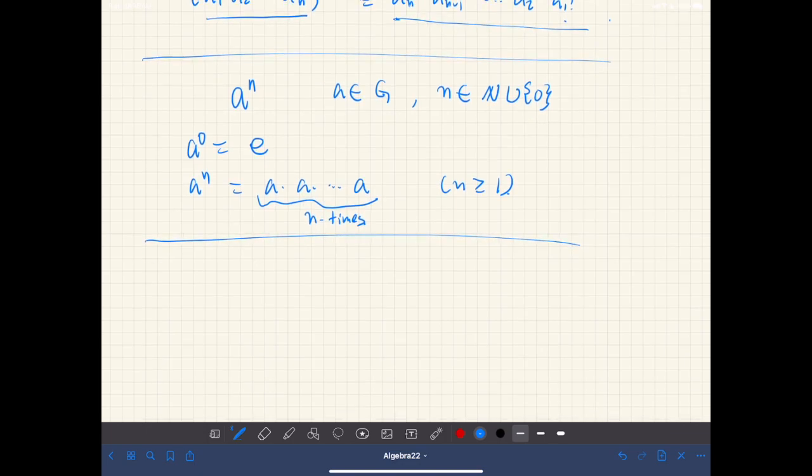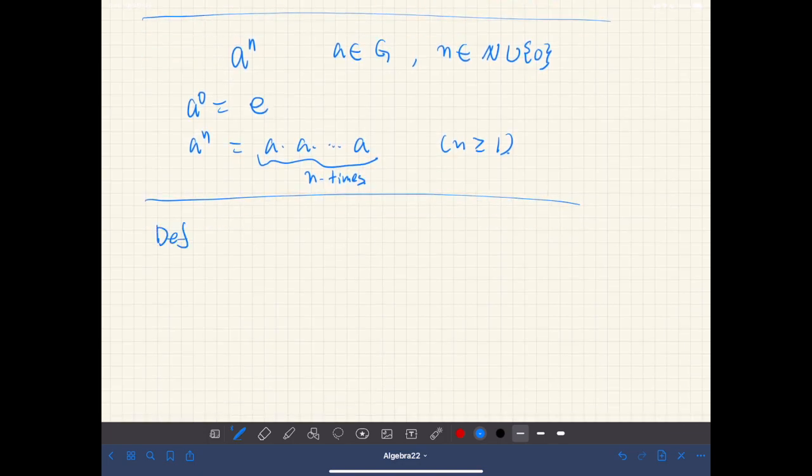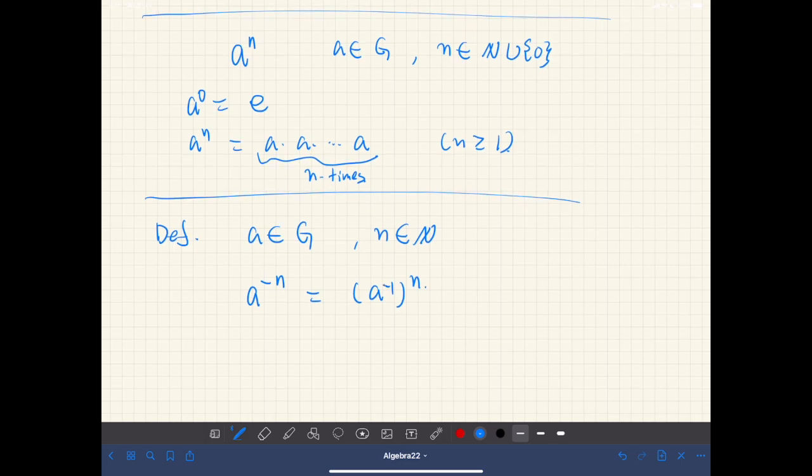So here's the definition. For any element a of G and n in natural numbers, we define a to the power of negative n as a inverse to the power of n. Okay, so this is the definition.